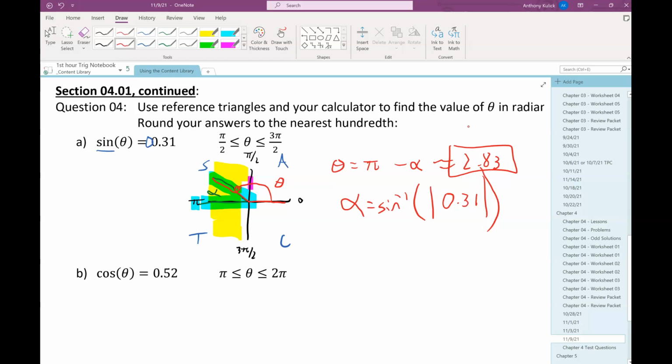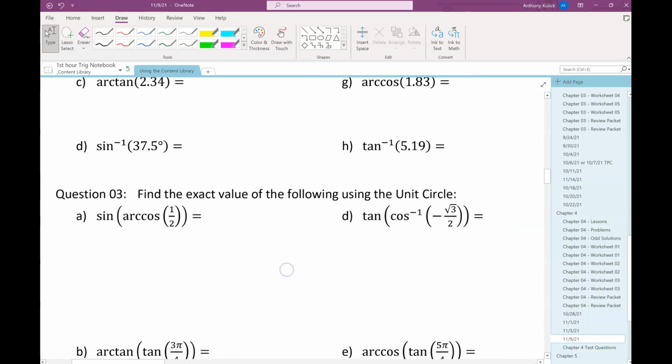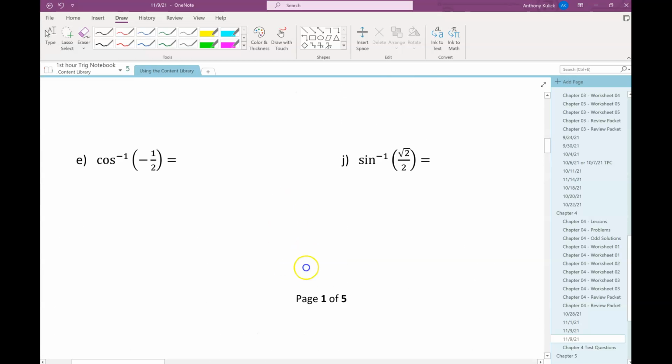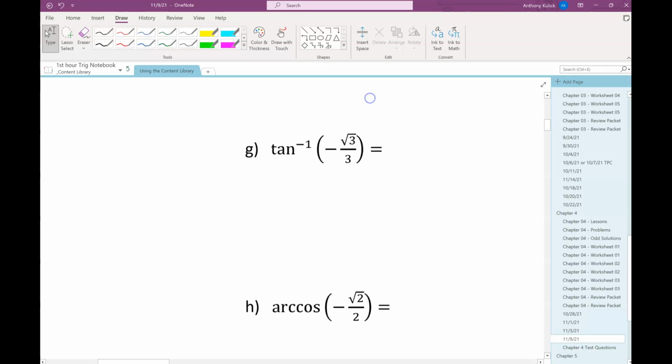Jane. G from the first page. This one? Okay. So here we're not given a range of thetas. So we're going to have to use the fundamental range for tangent inverse, which is negative pi over 2 to positive pi over 2.